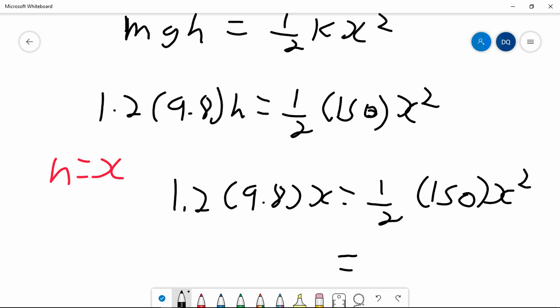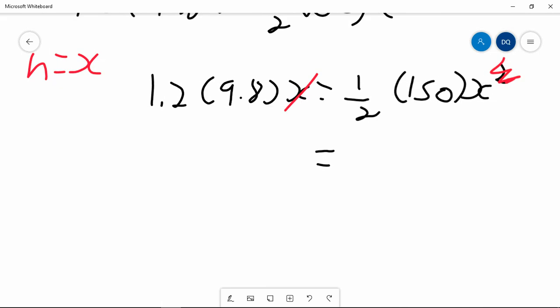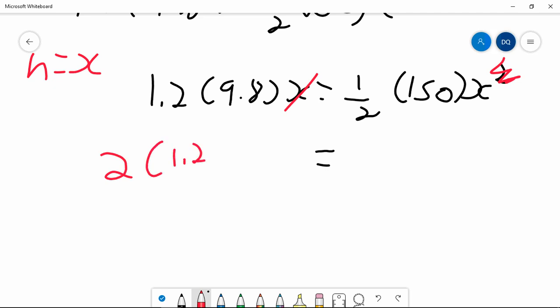So we can divide both sides by x and then do a little bit more arithmetic or algebra to this, not quite sure what to call that. We'll multiply both sides by the 2, so we've got 2 times 1.2 times 9.8, and then we're going to divide that by 150. We've already dealt with the fact that x was squared by canceling one of the x's.